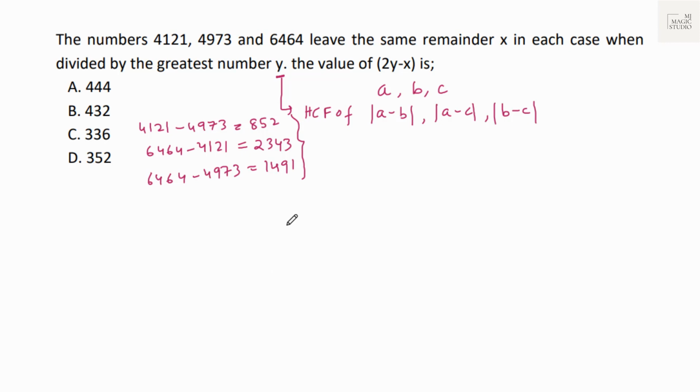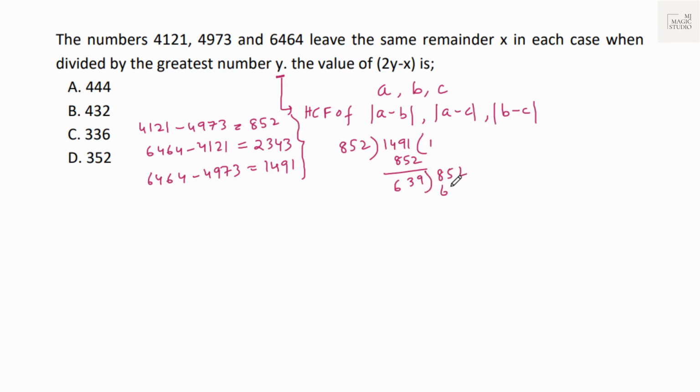If you are not comfortable with finding the factors and then finding the HCF, I suggest you go for the long method of HCF, which is the primitive method and is very supportive in this case. Let's start with the two smallest numbers, 852 and 1491. 852 goes 1 time, leaving 639.